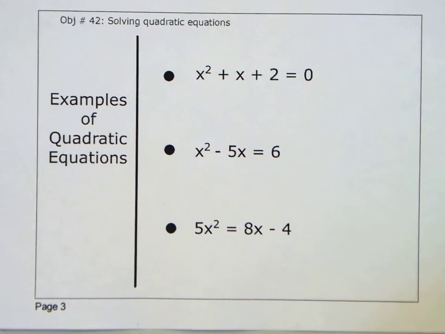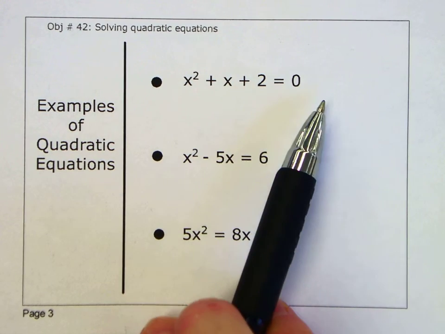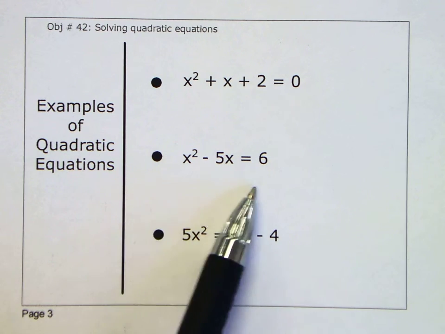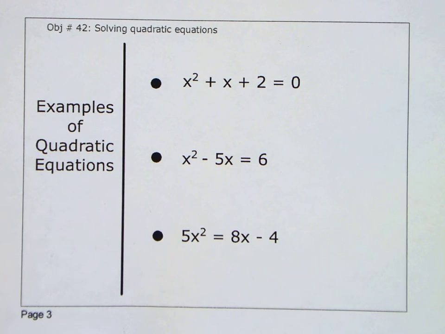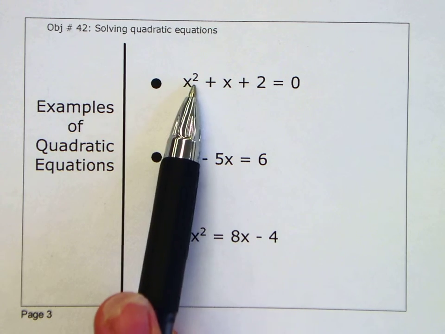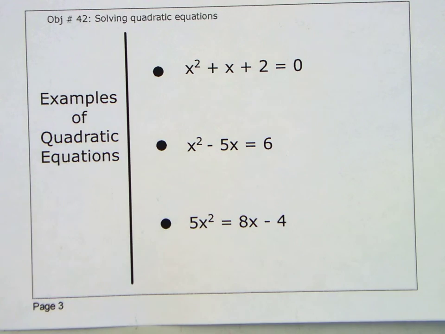So some examples of quadratic equations. X squared plus x plus 2 equals 0. While this one doesn't equal 0, you can move that 6 over to make it 0. So notice the highest power is a 2. You always have a 2 when you have a quadratic equation.